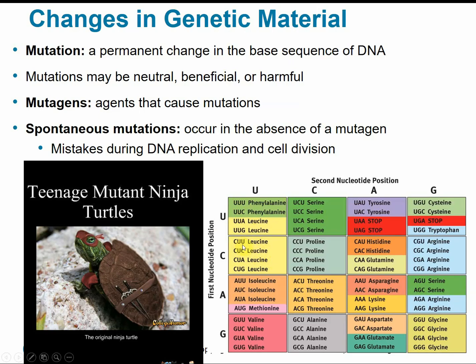So in this example, if our U right here is mutated to any of the other bases, really, we're still going to have the same amino acid and the same protein that has the same structure and function. So even if the amino acid is changed, though, the function of the protein may not change if that amino acid is maybe a non-vital portion of the protein, or if it's chemically similar enough to the original.